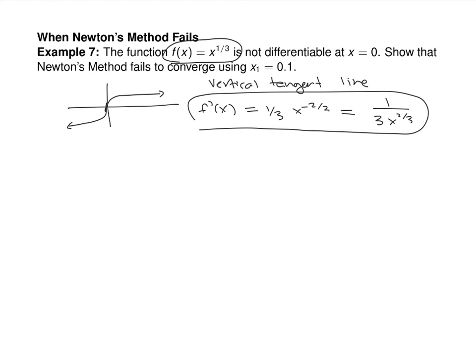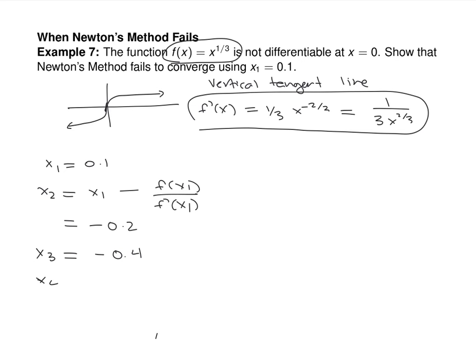Okay, so show that Newton's method fails to converge using x1 equals 0.1. Okay, so if x1 equals 0.1, x2 will equal x1 minus f of x1 over f prime of x1. When you work this out, you get negative 0.2. When you do x3, you get negative 0.4.